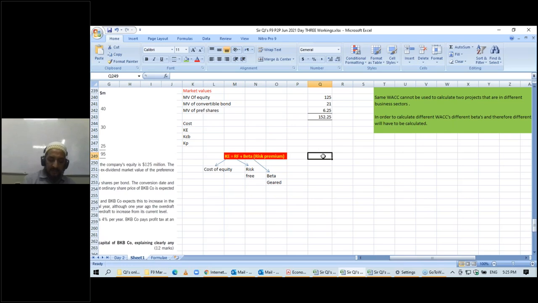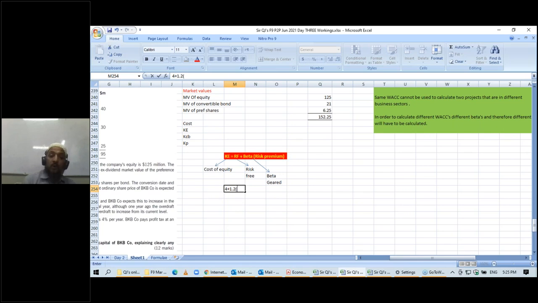So in this case, the calculation is as follows. 4% is the risk-free rate, and the beta is 1.2. This means that the investment is more risky than the market portfolio, as the beta is greater than 1.